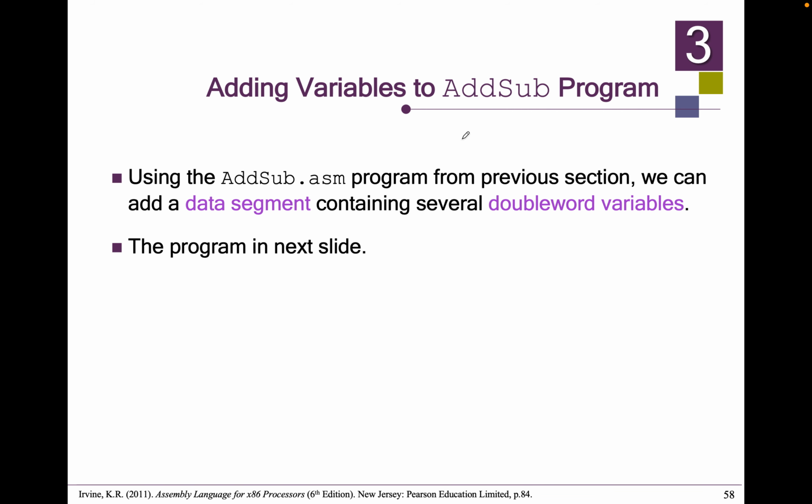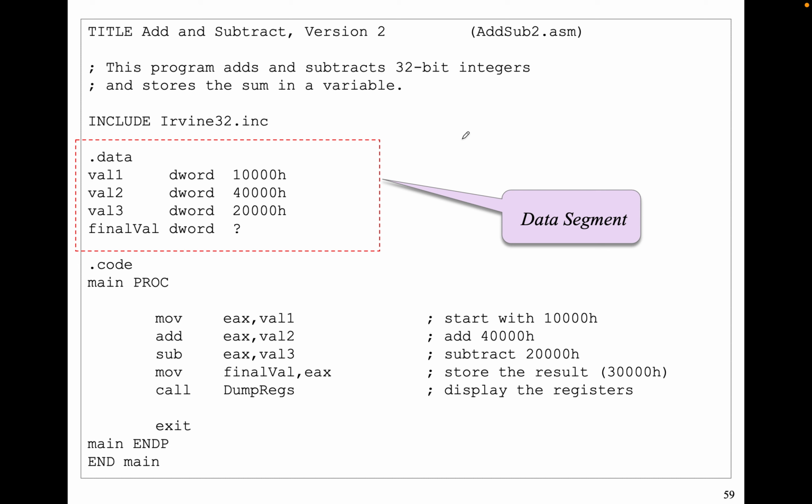Adding variables to the AddSub program. So you have another new variable you want to put in. So where are you going to put it? This is an example of your AddSub2.asm.